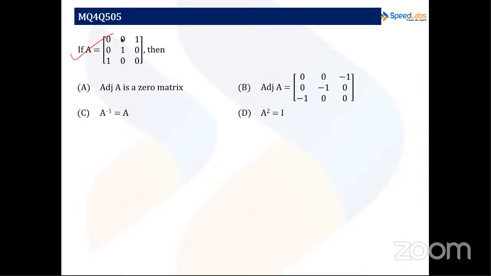Okay, let me tell you the answers. The correct options are B and C, and easily you can find the adjoint by finding the cofactors. Most of the elements are 0, and for A inverse, again you can find it easily because you will have the value of adjoint A, and the determinant value of A will be 0 into this, 0 into this, 1 into, so the determinant value will be equal to -1.